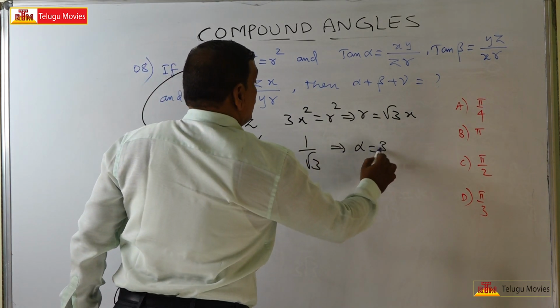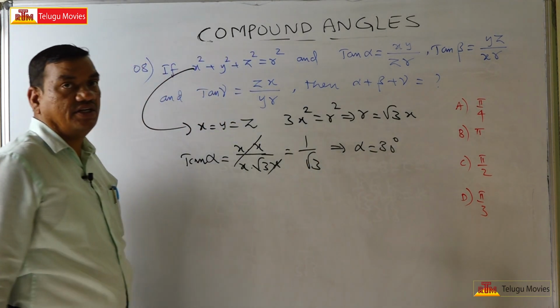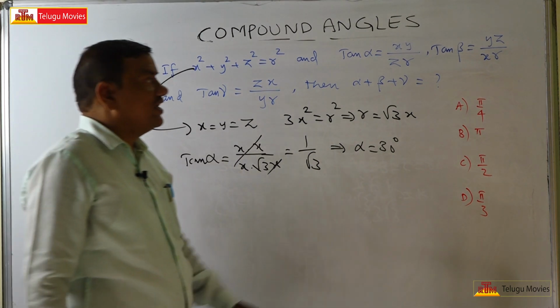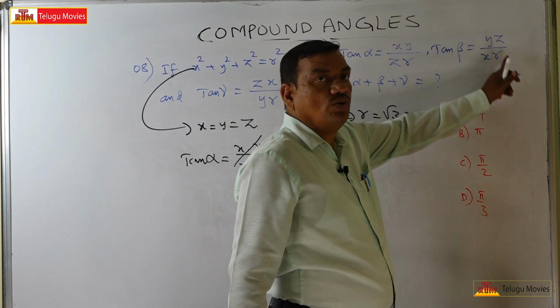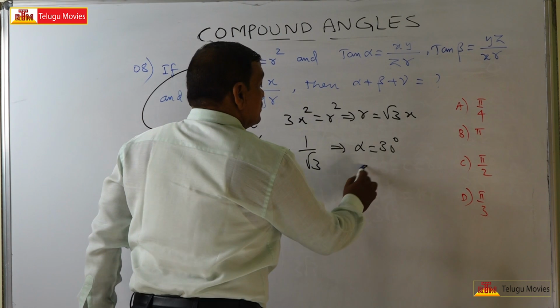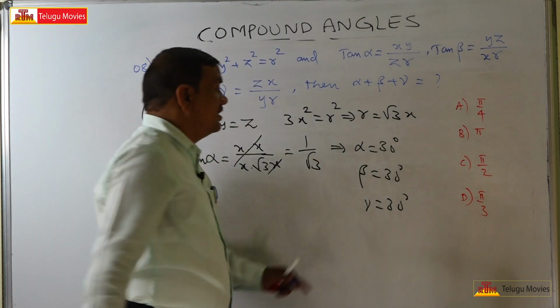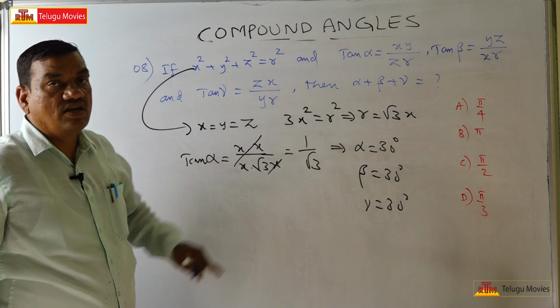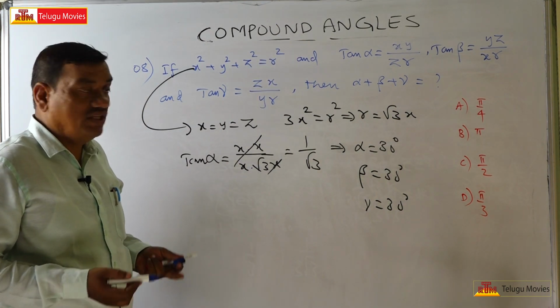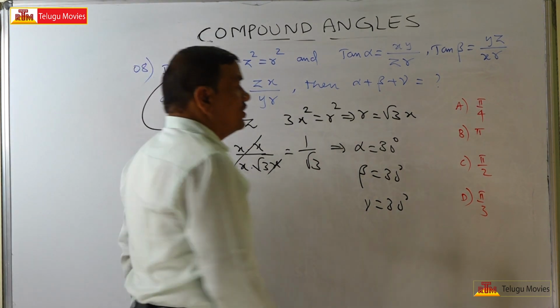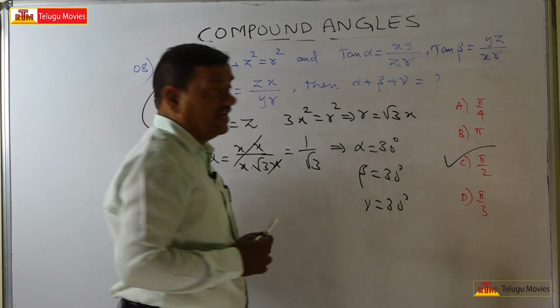This implies alpha is equal to 30 degrees. Similarly, we can prove that tan beta is equal to 1 by root 3, beta is also 30 degrees, gamma is also 30 degrees. Therefore, alpha plus beta plus gamma is equal to 3 into 30, which is 90 degrees. So option C is your right answer.